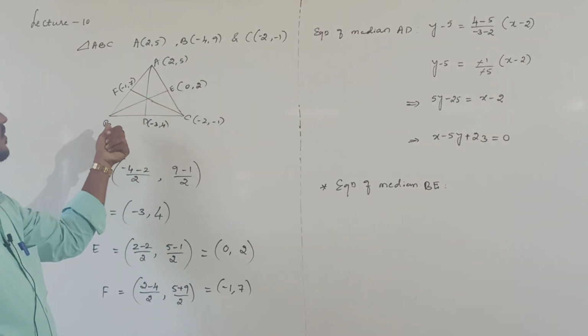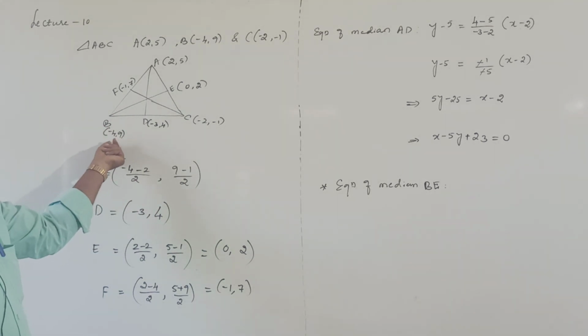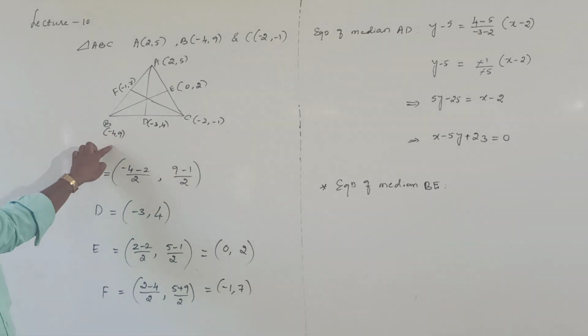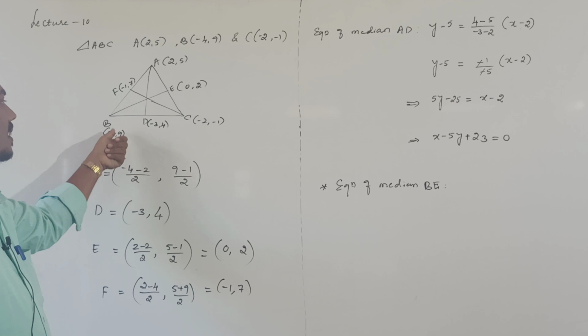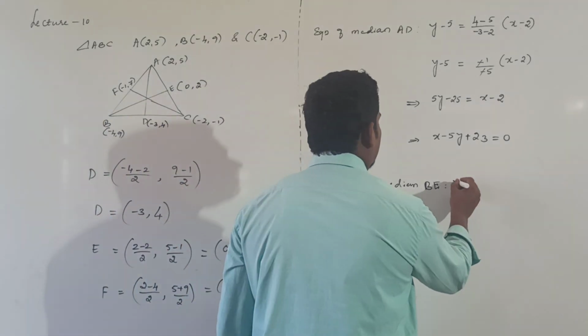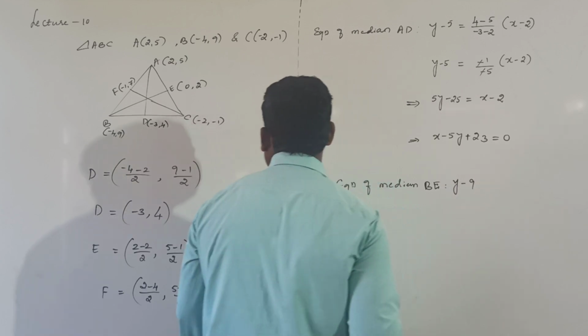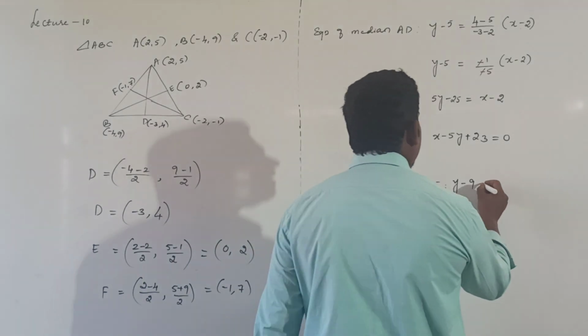While finding the equation of BE, just consider it as x1 y1 and it is x2 y2, right? y minus y1, y minus 9, is equal to y2 minus y1.